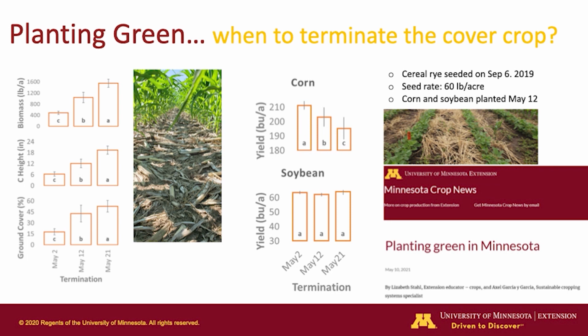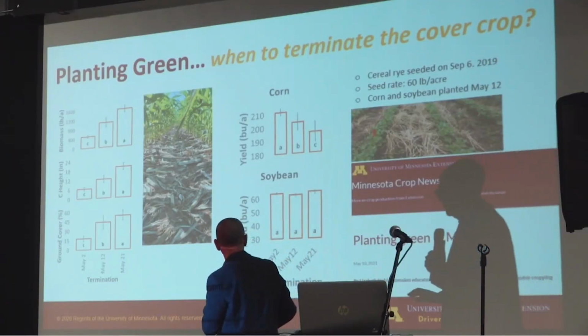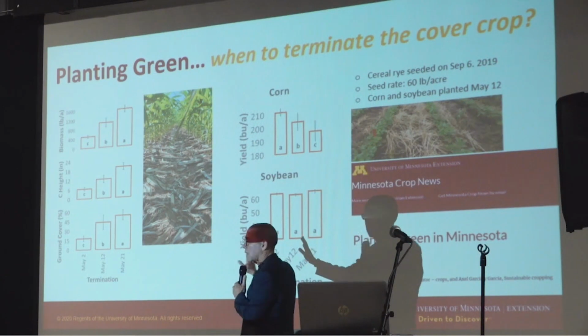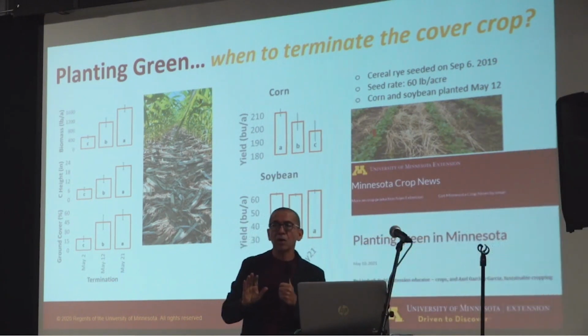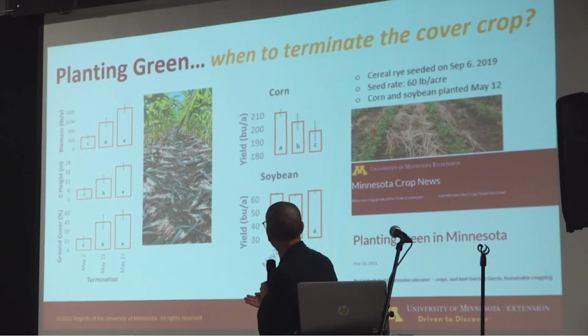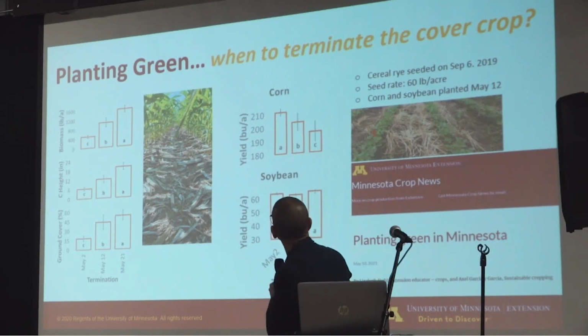We terminated on May the 2nd, May 12th, and May 21st. But we planted corn and soybeans on May 12th, okay? So we gave the opportunity for the cash crop to be planted where we didn't have any cover crop, and also we had our cash crop planted into standing cover crops for around 8 to 10 days, something like that.